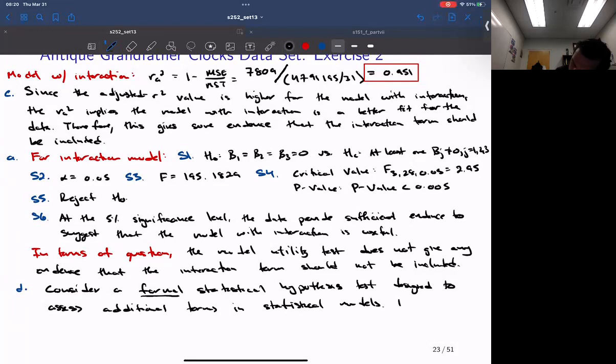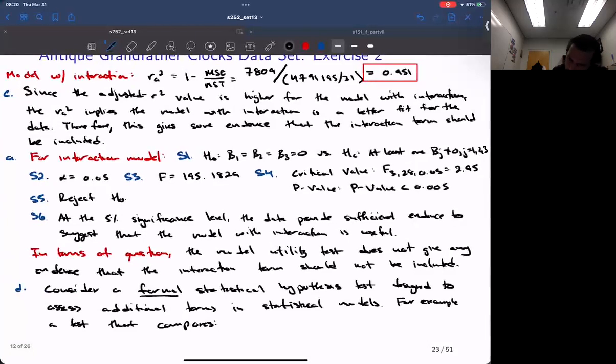For example, a test that compares y equals beta 0 plus beta 1 x1 plus beta 2 x2 plus beta 3 x1 x2 to y equals beta 0 plus beta 1 x1 plus beta 2 x2.